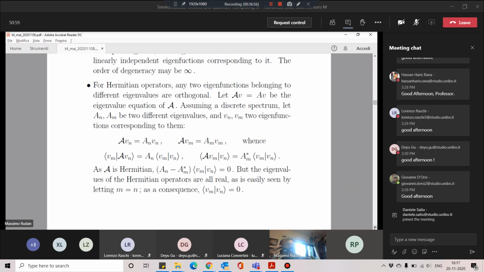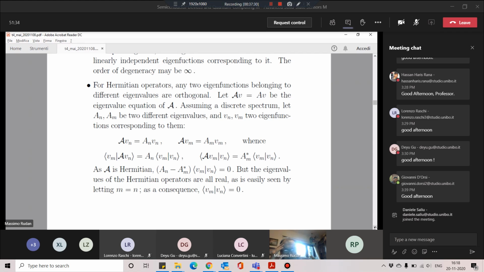Their square modulus is strictly positive, and the integral of it is also strictly positive. So when the two indices are equal, for sure, the scalar product V_n times V_n is non-zero. So in order to have that the total product is 0, we must have that a_n minus a_n star is 0. That is, a_n must be equal to its own conjugate. That is, a_n is real.